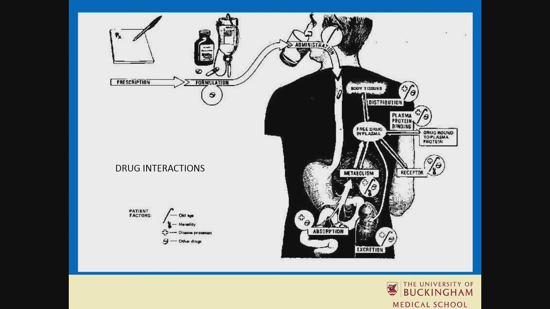So you write the prescription, the pharmacist does it, the patient takes it, and of course you've written prescriptions for a lot of things. So there are all the various places that they can interact. Absorption: do drugs interfere with each other to affect the ability of one drug to affect the absorption of another? The metabolism: does one drug affect the metabolism of another?